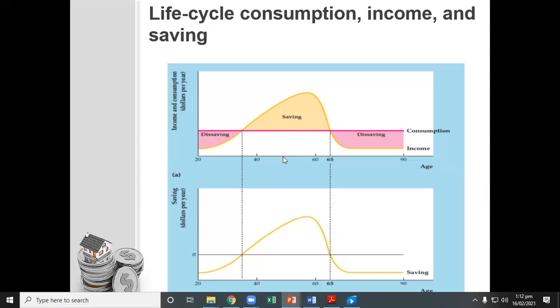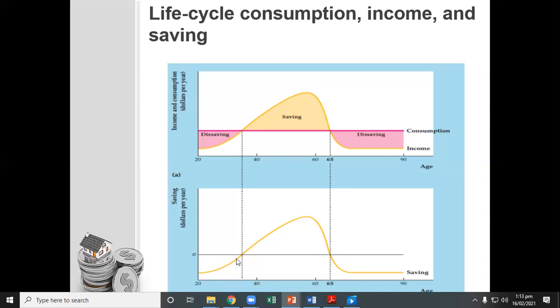In panel B, saving is the difference between income and consumption. The saving pattern is hump shaped. Early in a person's working life, consumption is larger than income, so saving is negative.